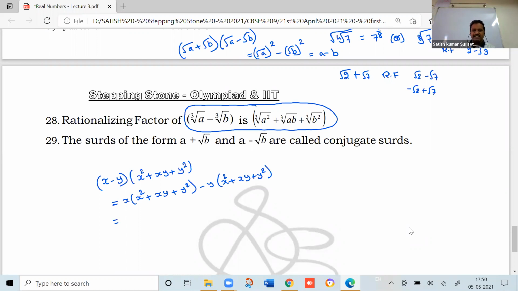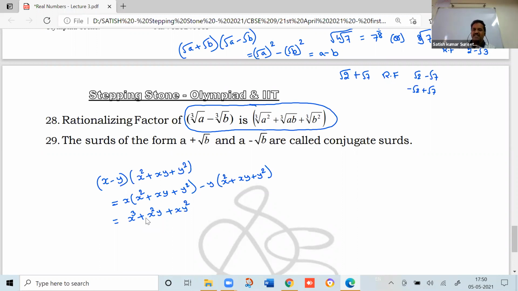First term will be what? x into x square, how much? x cube. x into xy, that is x square y, plus x into y square, x y square.